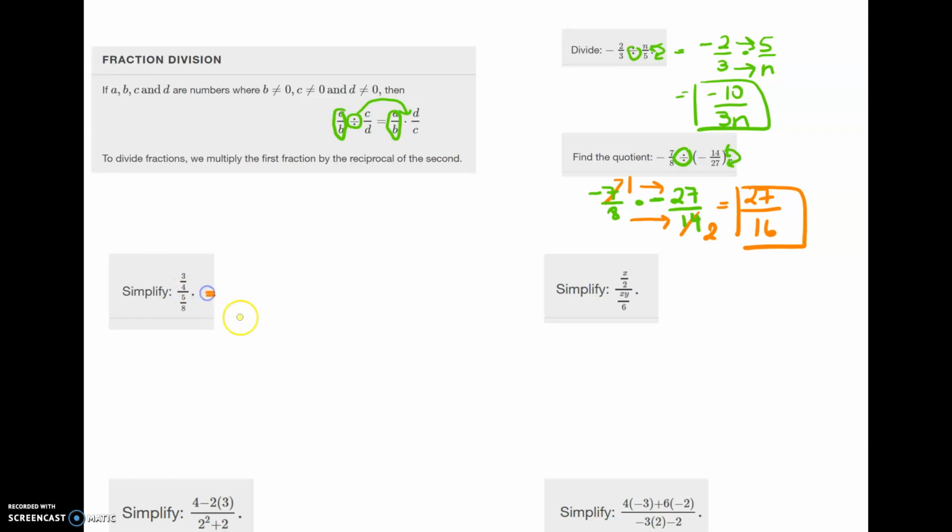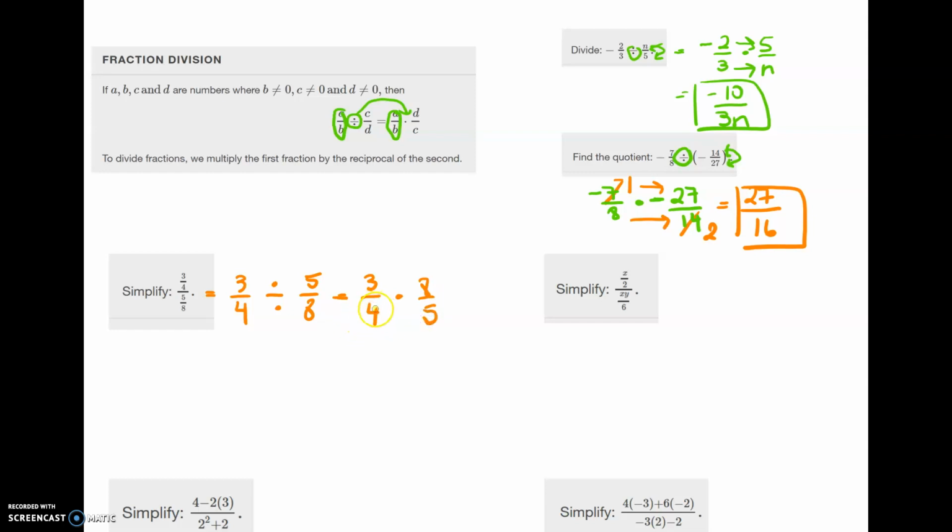I'm essentially going to rewrite this as 3/4, which is my numerator fraction, and I'm going to just write divided by, because that's what the fraction bar means. That's what the quotient means. Divided by the second fraction, which is 5/8. And again, I can rewrite that as a multiplication problem. So times my reciprocal of 5/8, which is 8/5.